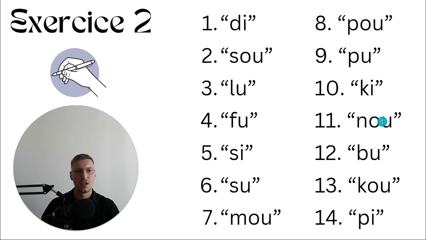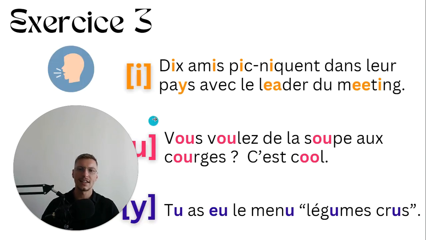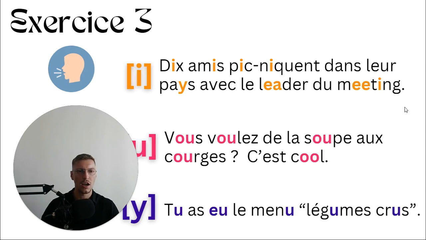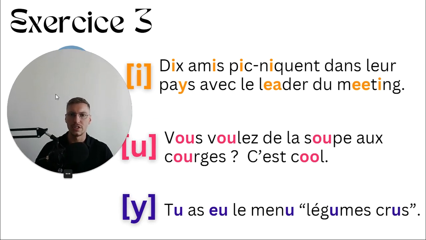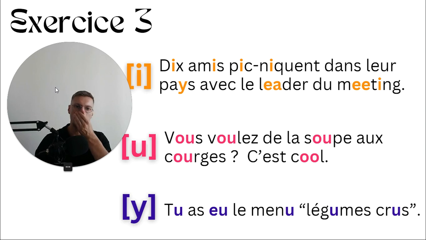All right. Moving on to the next exercise. So now I really want you to practice reading, okay? So here are sentences. I have highlighted the sounds that are interesting for us. So first of all, practice reading the 3 sentences without my help.